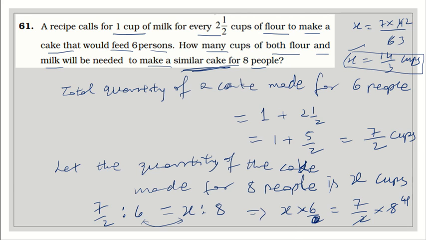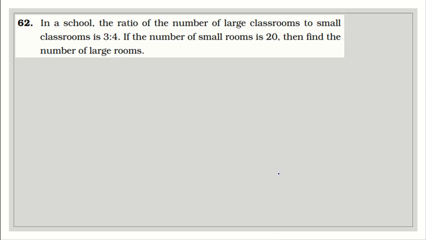Moving on to question number 62. In a school, the ratio of number of large classrooms to small classrooms is 3:4, and the number of small classrooms is 20. Then find the number of large rooms.